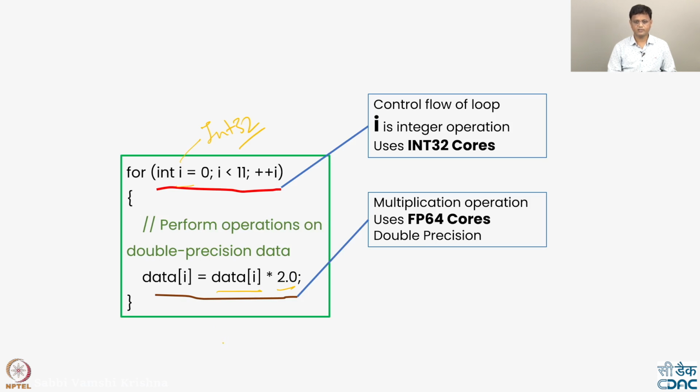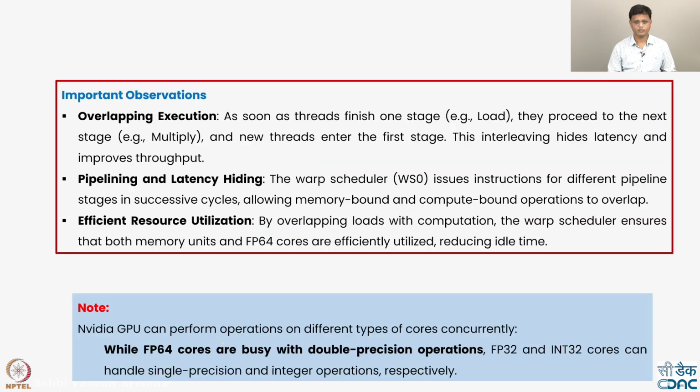That is the reason this note is mentioned here, that different types of cores operate concurrently. Whether the operation is being done by FP64, at the same time FP32 and INT32 cores can also be utilized for their respective operations like single precision and integer operations.